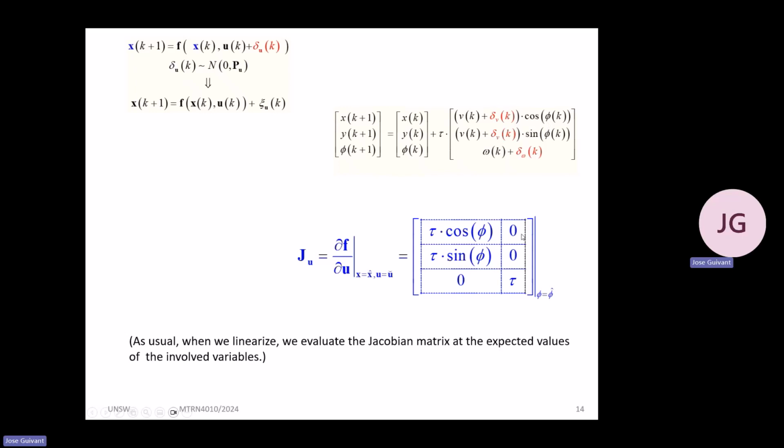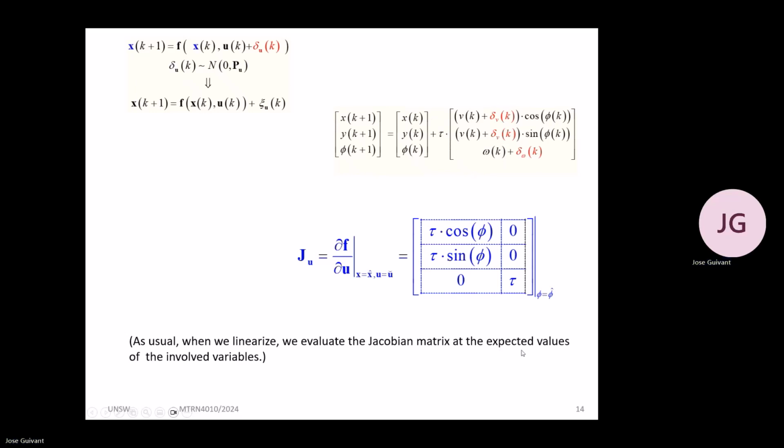This one is 0, because there is no participation of the heading rate here. The same happens here. And in the last one, there is no participation of the longitudinal velocity, but it does have participation of the angular rate. This is the Jacobian matrix of the state equation with respect to the input vector. This is the full equation: x plus this, y plus this, phi plus this.